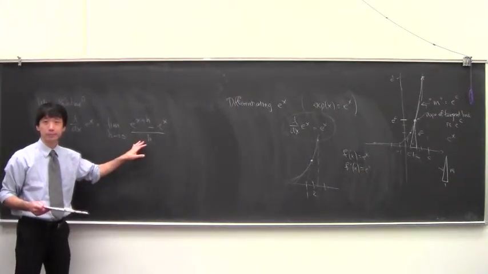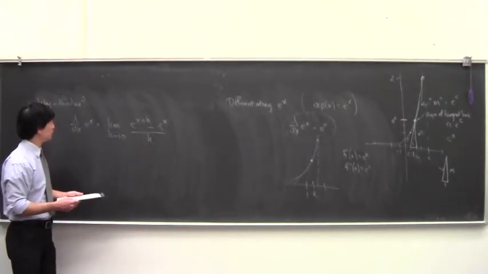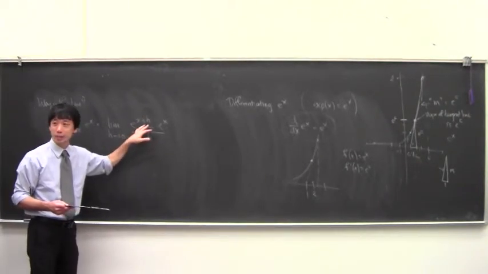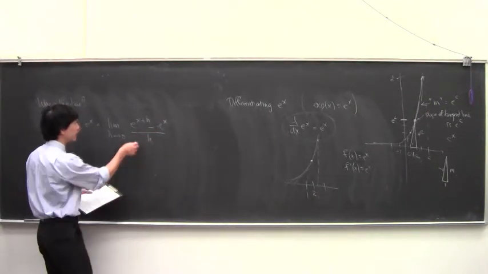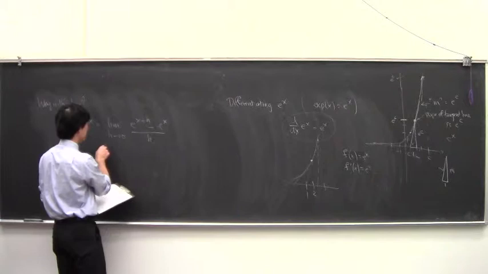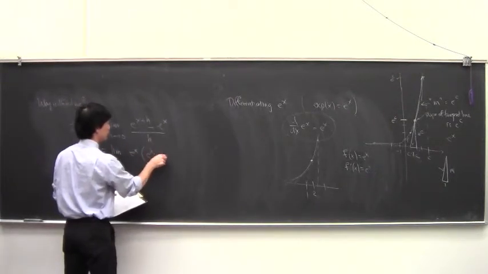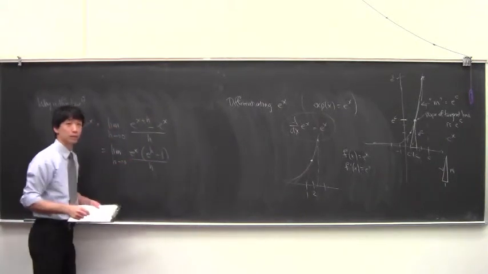We're hoping that's going to be e to the x. What should we do? Well, let's factor out an e to the x. This is e to the x times (e to the h minus 1) over h as h goes to 0.